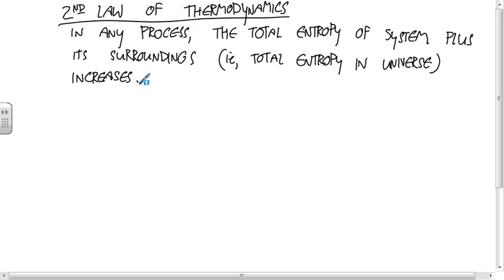An equivalent statement of the second law of thermodynamics, and this is kind of cool, because at first thought, it doesn't seem like these would be equivalent.